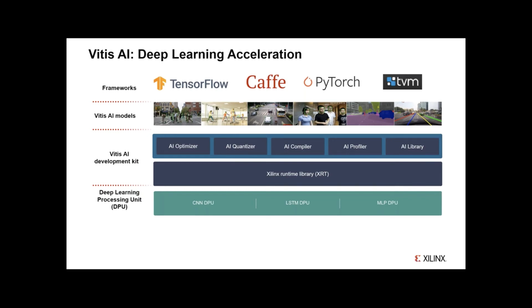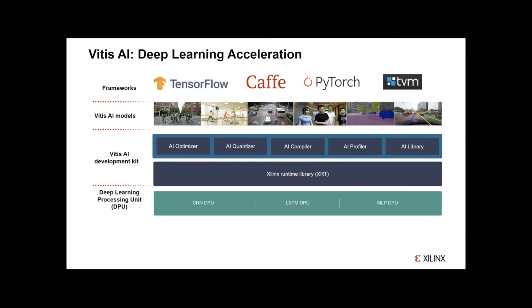So it allows you to plug into TensorFlow, Caffe, and PyTorch, as well as Apache TVM. Apache TVM is kind of a parsing framework that allows you to work with all different frameworks, and it also can allow you to deploy layers in software to run on the processing system, as well as to compile for the programmable logic.